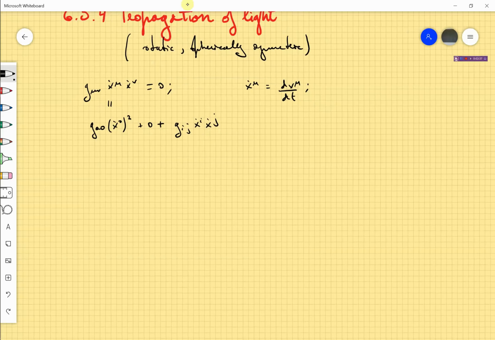The derivative of x^0 with respect to t is just c, so this is c squared g_00 plus g_ij ẋ^i ẋ^j. That we can write as v^i and v^j.